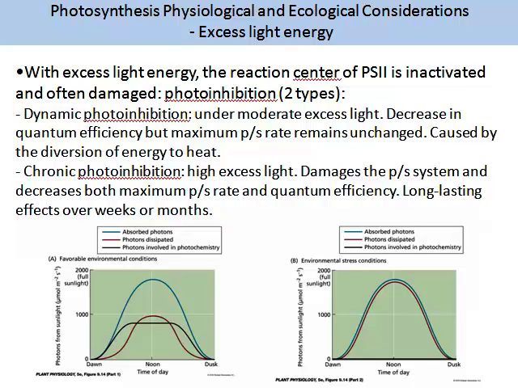It's caused by the diversion of energy to heat. Chronic photoinhibition is where excessive light occurs. This damages the photosystem and decreases both maximum photosynthetic rate and quantum efficiency. This is long-lasting and affects plants over weeks or months.